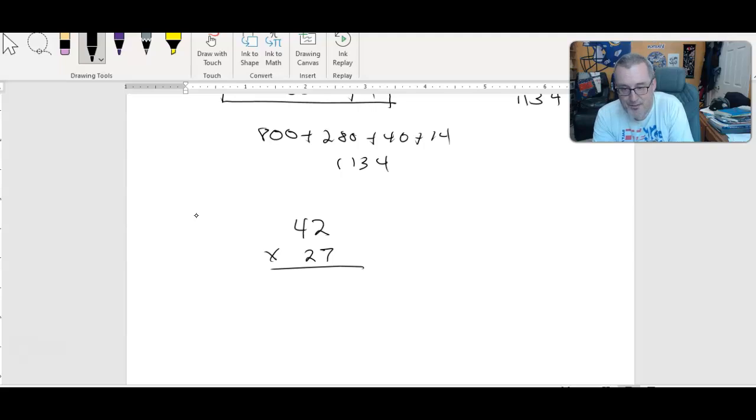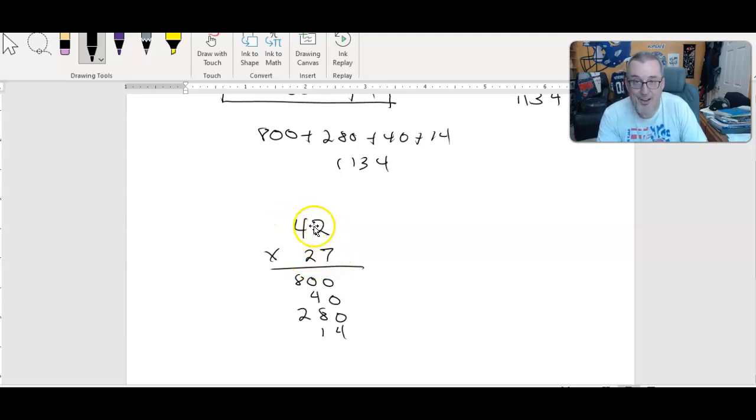And if you multiply 40 times 20, you get 800. And then I've got 20 times 2. 20 times 2 is 40. I've got 40 times 7, which is 280, and I've got 7 times 2. In other words, I'm multiplying 40 times 20, 40 times 7, 2 times 20, 2 times 7. I'm just multiplying all 4 of the place value representations here.